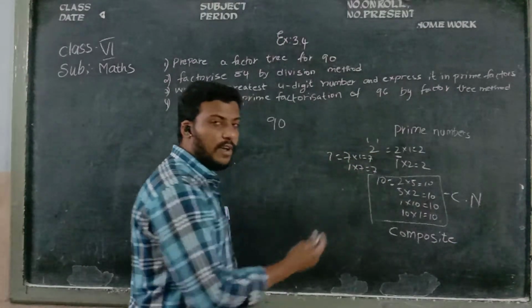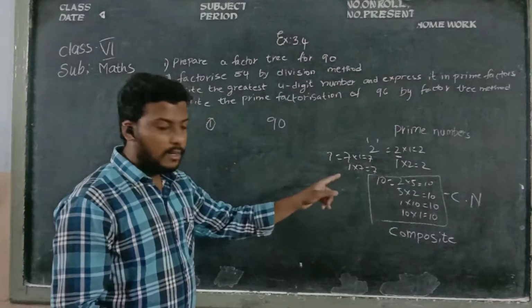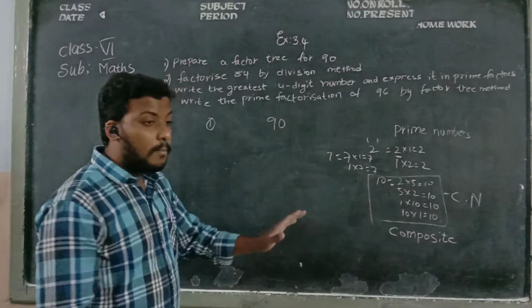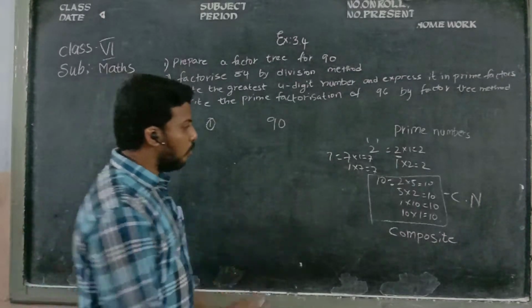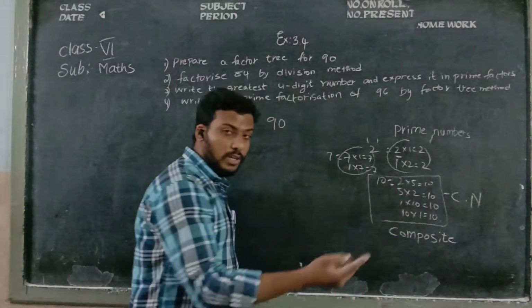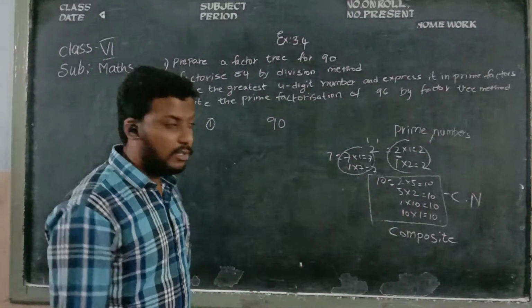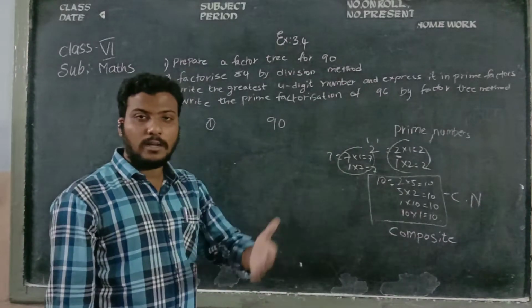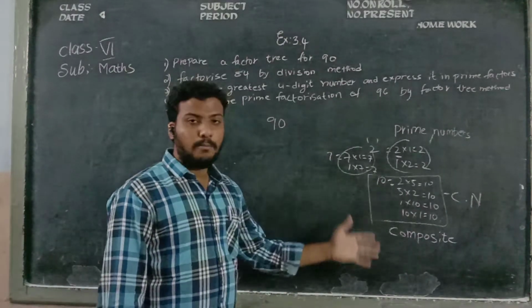There are no other factors for 7. So that number is divisible by 1 and itself. A number which has more than 2 factors, here there are 2, so I can say prime number. If there are 3 factors, that is not a prime number, that is a composite number. A number which has more than 2 factors can be considered a composite number.